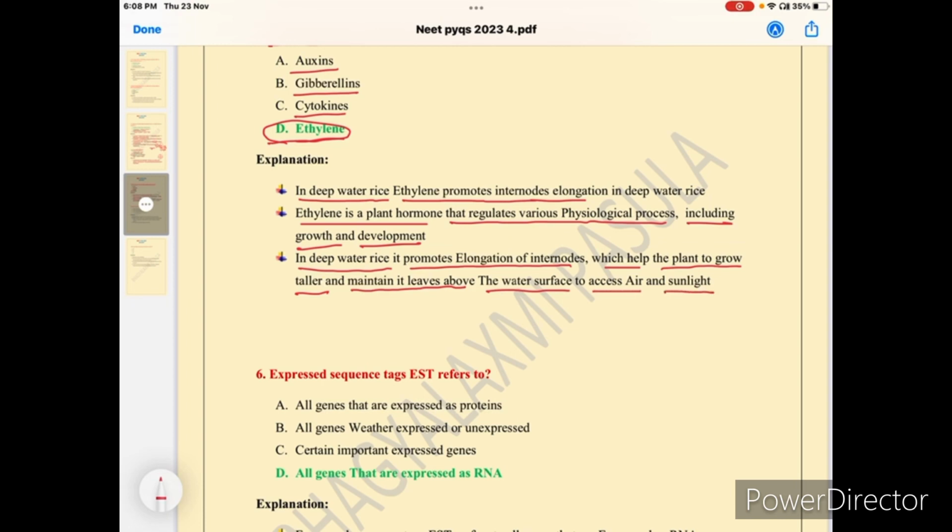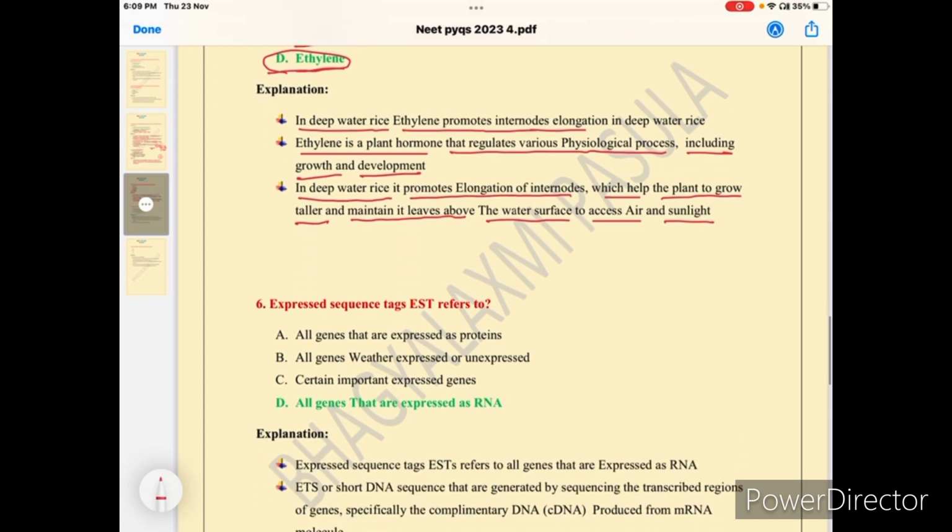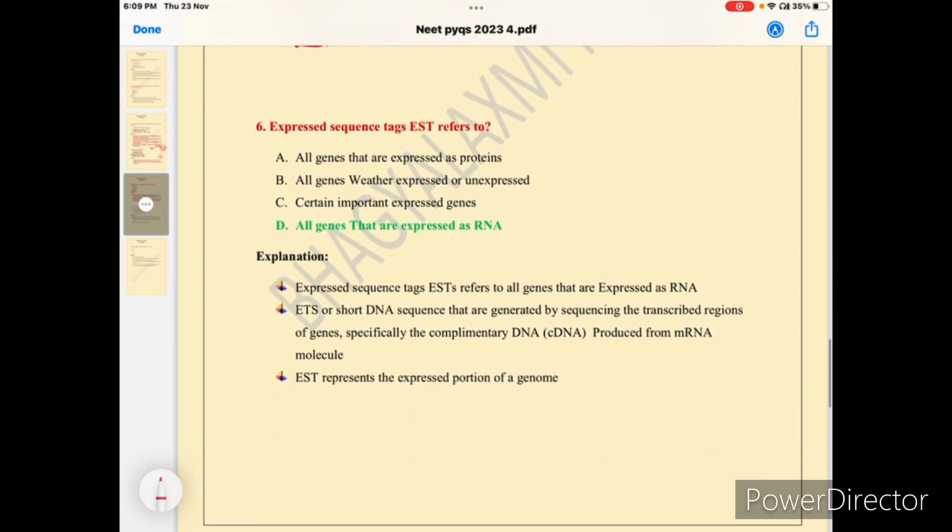Thus, ethylene promotes elongation of internodes, which helps the leaves to float on the water to get air and sunlight to produce their food. Let us see the next question.